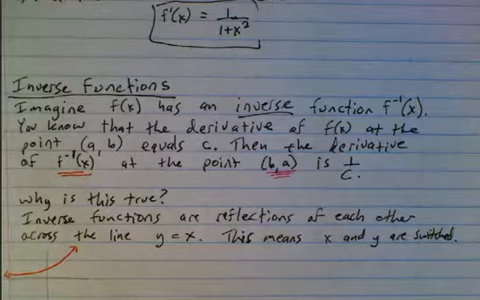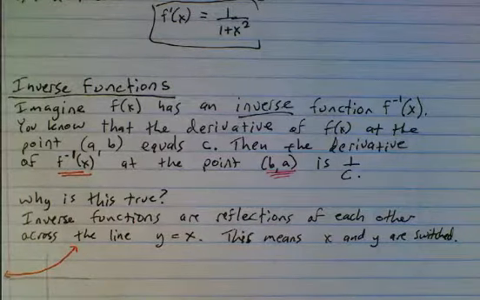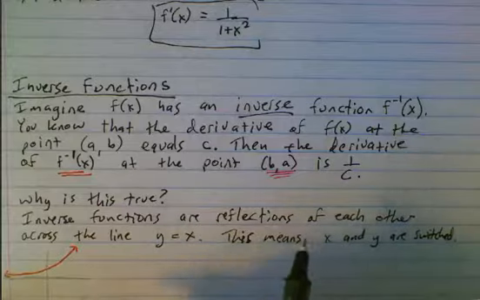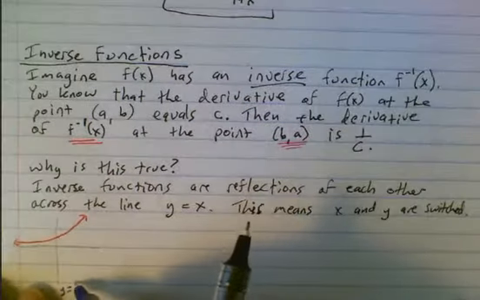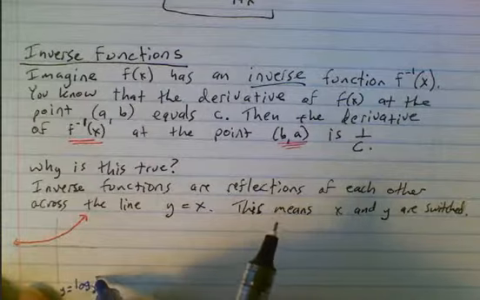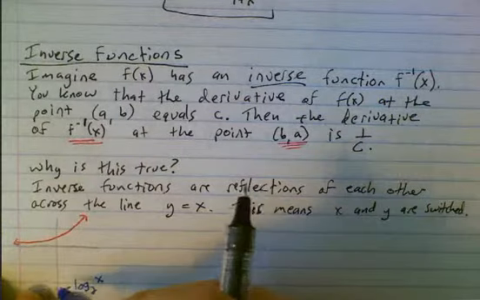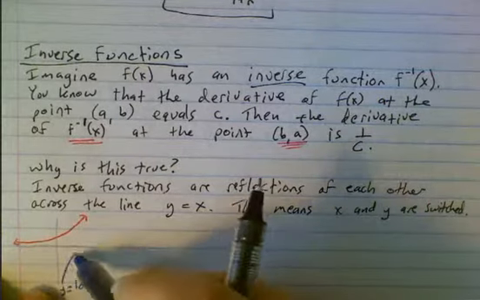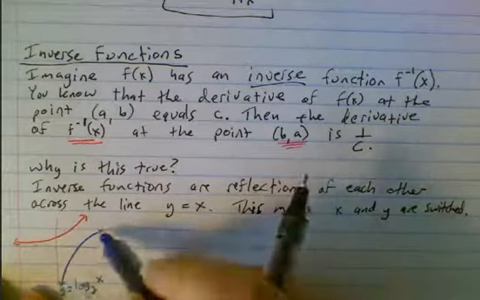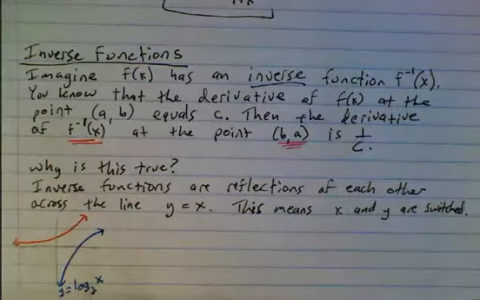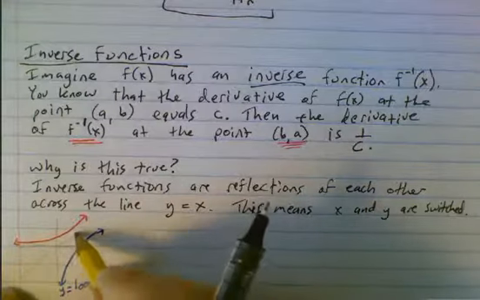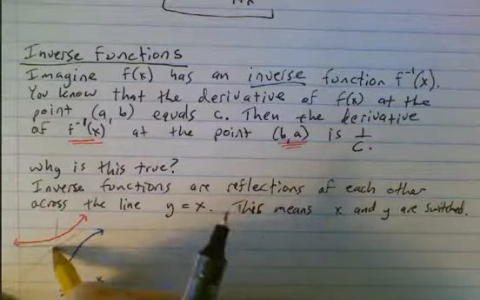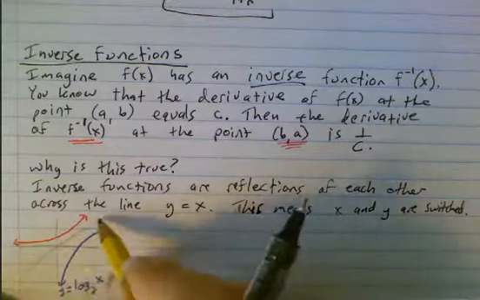The inverse function, as we know from working with exponential and logarithmic functions, is going to be y equals log base 2 of x. And if we graph that, it's basically just a mirror image right across this diagonal line here.